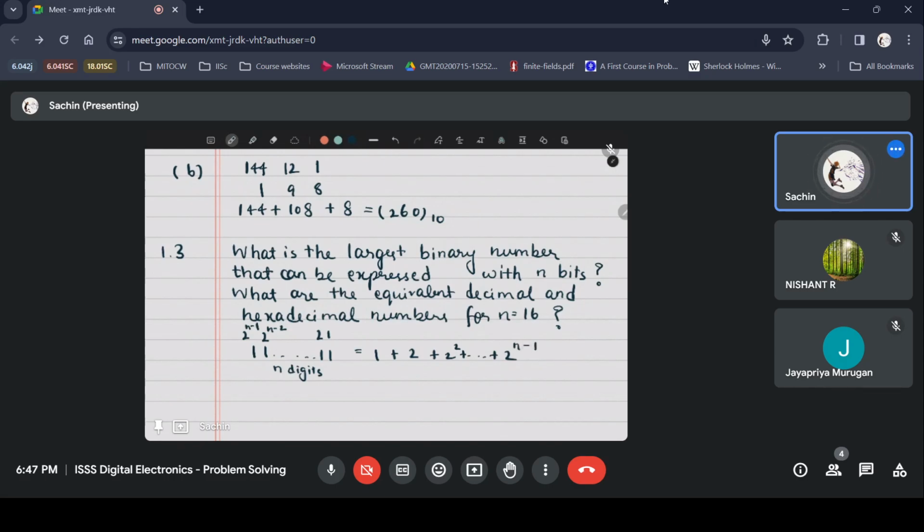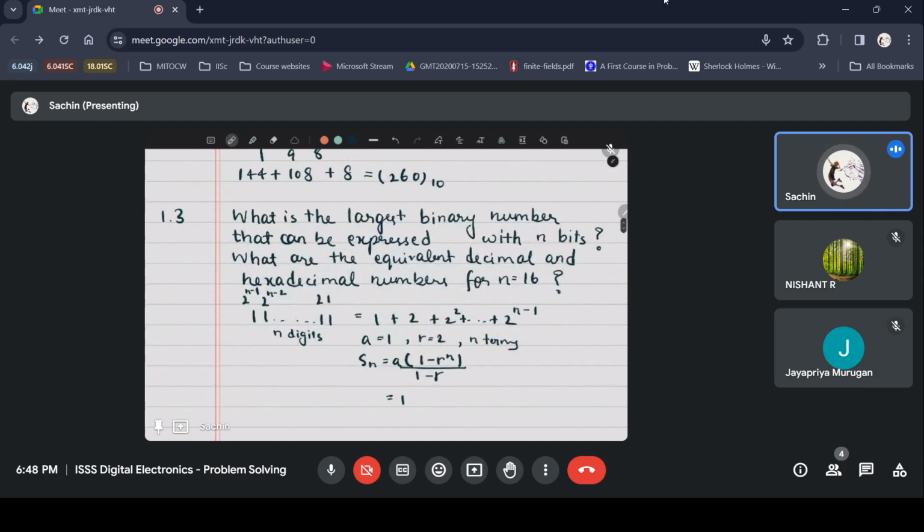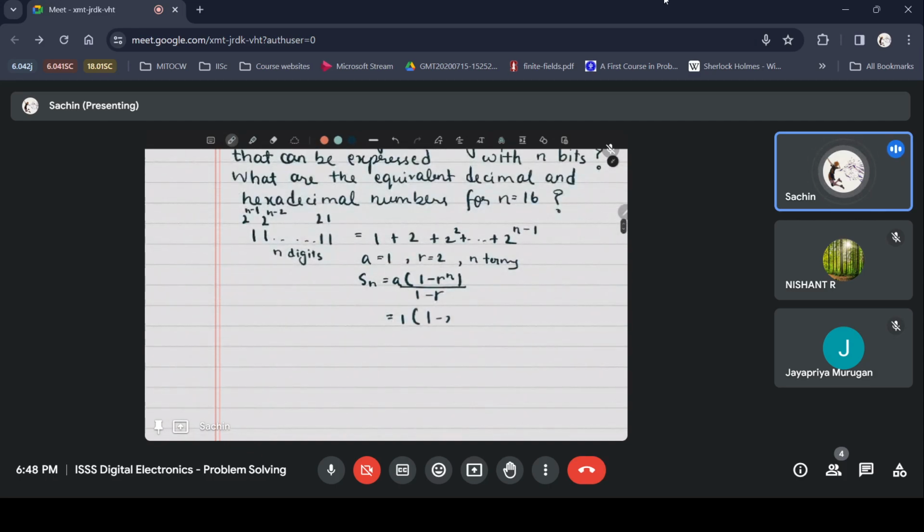You can observe this is a geometric series with first term a is 1, common ratio r is 2, and there are n terms. So the sum of the geometric series is a into 1 minus r power n by 1 minus r. Substituting the values, you will get 1 into 1 minus 2 power n by 1 minus 2, which is nothing but 2 power n minus 1.